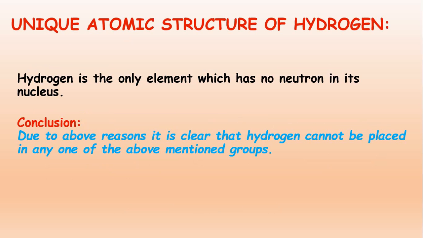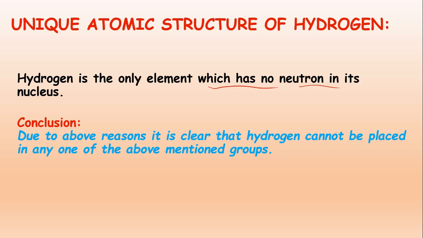Now, the unique atomic structure of hydrogen. Hydrogen has a unique atomic structure when you compare it with all other elements in the periodic table. Hydrogen is the only element which has no neutron in its nucleus.